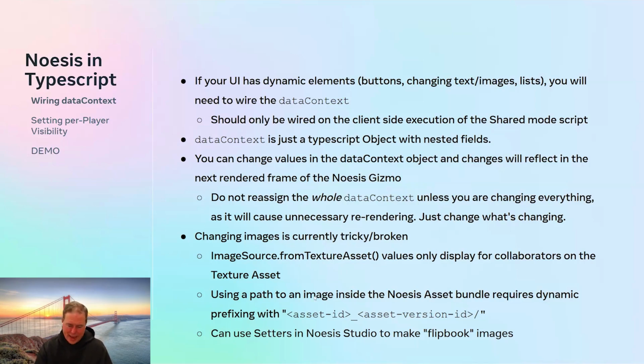If you want to use a path, you have to prefix it with the asset ID and the version ID, which is really ugly. But some people have used workarounds for using setters in Noesis Studio to sort of make flipbooks and choose which of the flipbook's images they want to display on an image. And so that works also.